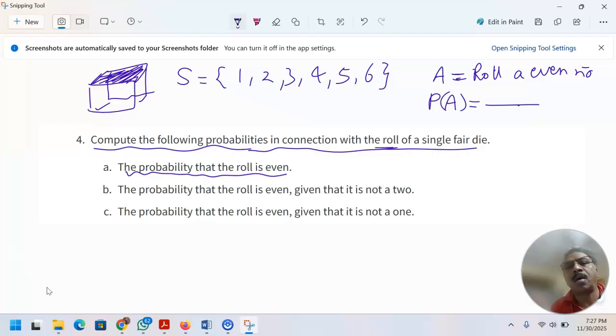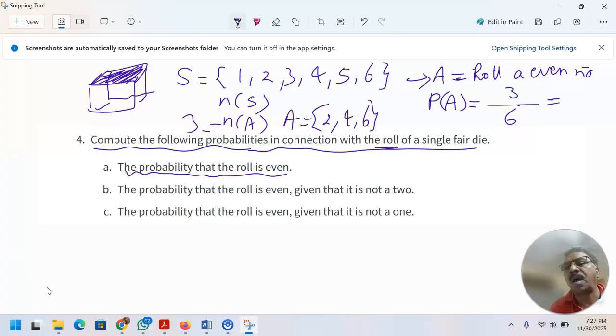It's a ratio: the total outcomes in the sample space is 6, and the number of outcomes favorable to the event A is 2, 4, and 6. So there are three options here. So this is 3 out of 6, which is half. This is straight away using the basic probability definition formula.